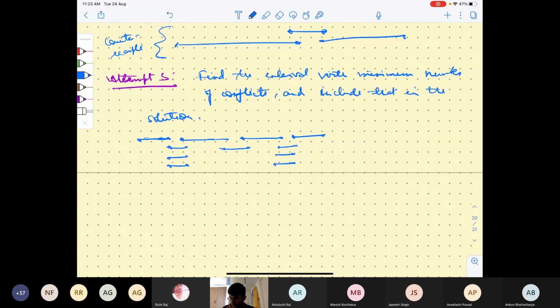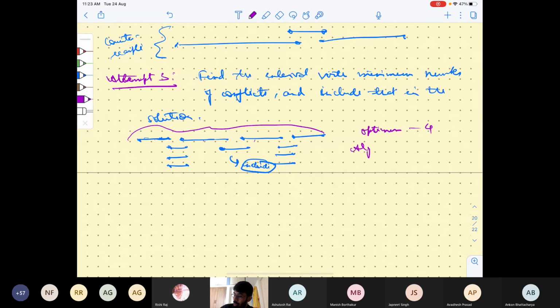Okay. So if you want to remove the least conflicting one, then you will include this. And then you are stuck, because you can never have these 4 scheduled, since you cannot schedule these 2. So optimum is 4, and the algorithm outputs 3.